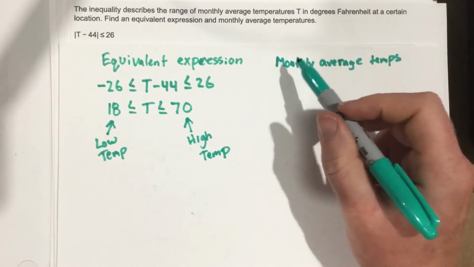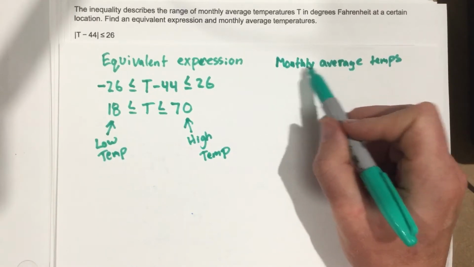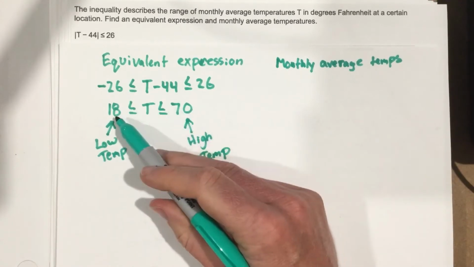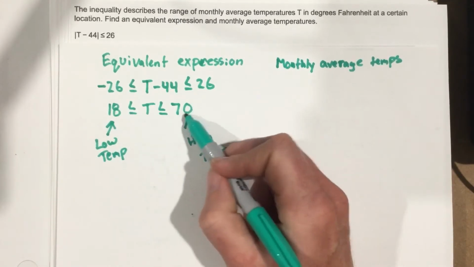Well, basically what we can describe here is the monthly average temperatures, because we know the high and the low, right? Our low is 18 and our high is 70.